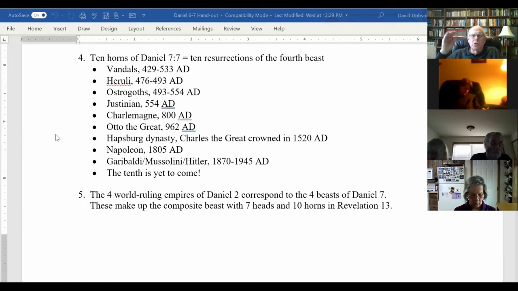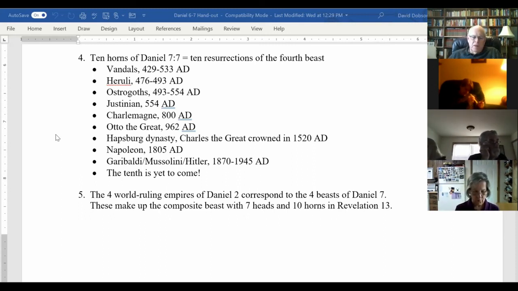So what he just saw as looking like four animals are actually four kings, and each king is going to have a kingdom which arises out of the earth. But see, there's that fifth kingdom as well. The saints of the Most High shall receive the kingdom and possess the kingdom forever, even forever and ever.